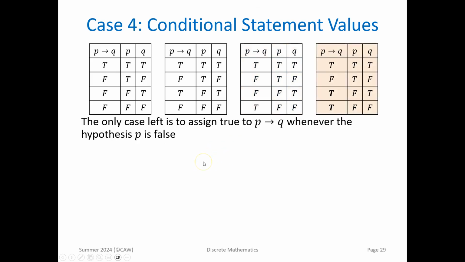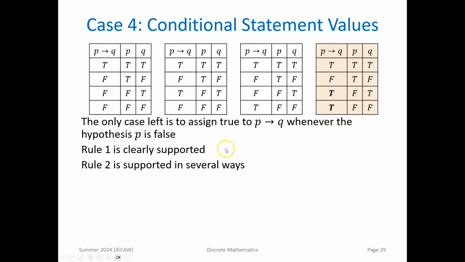So we're left with the last possibility, assigning true to both cases, true whenever the hypothesis P is false. Well, Rule 1 is clearly supported. That's the same in all these tables. Rule 2 is supported, and that's what we need. We need to support this in several ways. If P then Q is true and P is false, we want Q to have either truth value. And we'll see that that occurs in this table. P then Q is true.